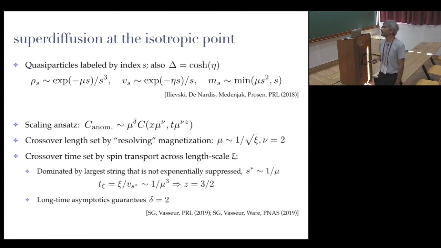Now, the first thing to note is that from all the stuff that I've told you so far, it's clear the crossover length scale between knowing you're at half filling at the isotropic point and not knowing where you are is set by whether you've traveled a long enough distance to resolve where the magnetization is 0 or non-zero. And that immediately gives you that mu is 1 over the square root of the correlation length, and that fixes this exponent at 2. Fine.